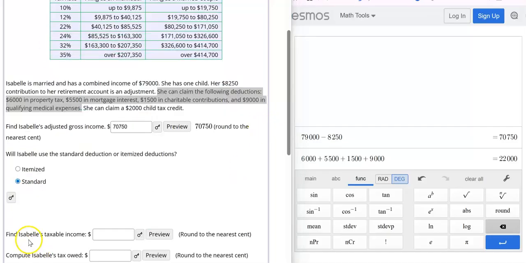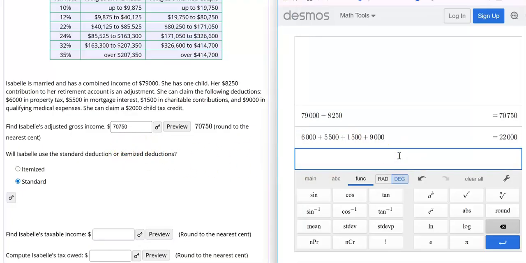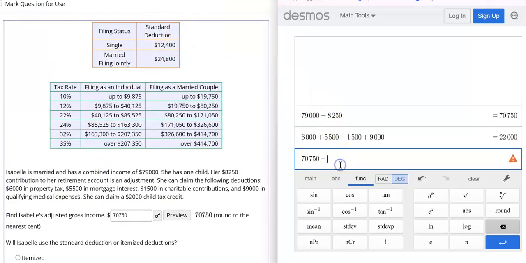Now we're going to find Isabella's taxable income. Taxable income is adjusted gross income minus deduction. Here, adjusted gross income is $70,750, which we found earlier, minus the deduction, which is the standard deduction of $24,800.